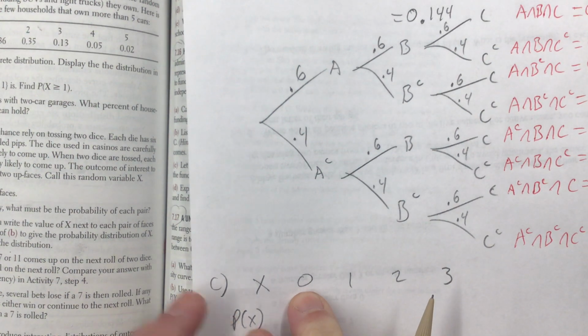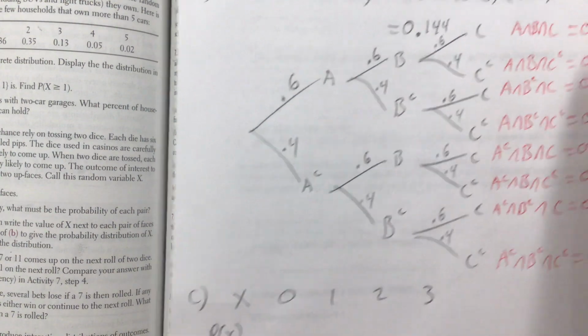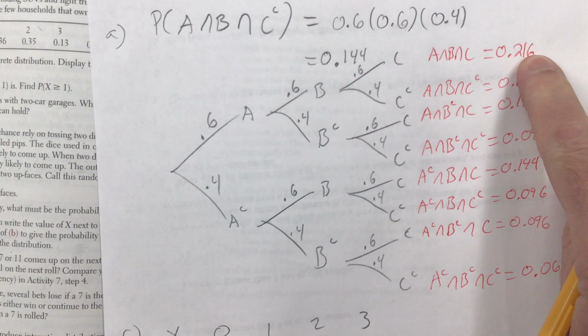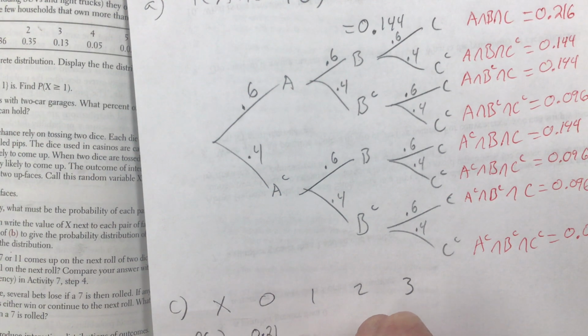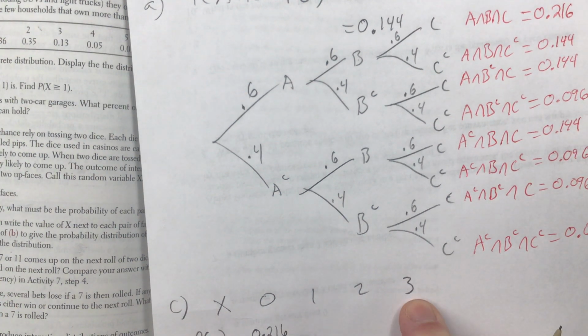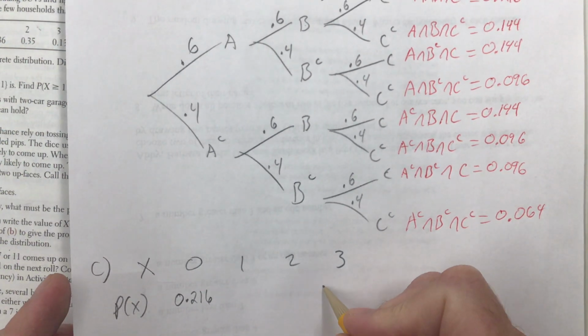Okay, so 0, this was opposing, right? Yeah, 0 opposing is right here, 0.216. Okay, I'm going to jump over to 3 opposing because that's this one right here. That's easy.